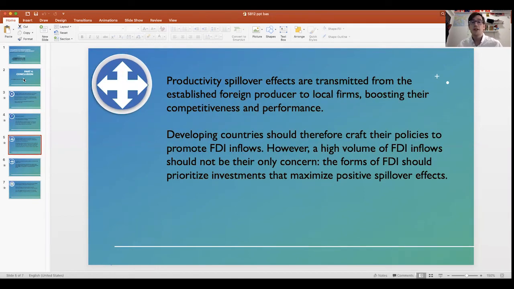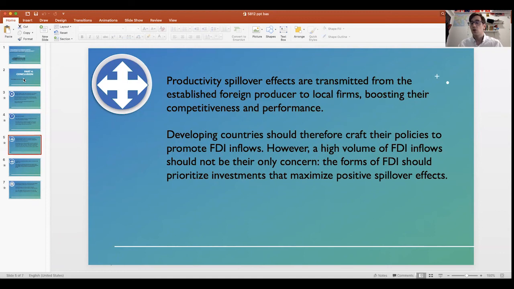Productivity spillover effects are transmitted from the established foreign producer to local firms, which boosts their competitiveness and performance through a number of mechanisms. Developing countries should therefore craft their policies to promote FDI inflows.